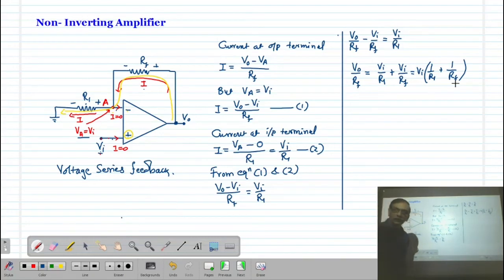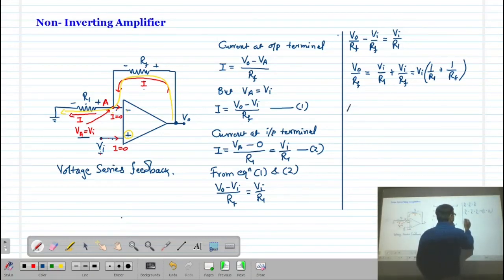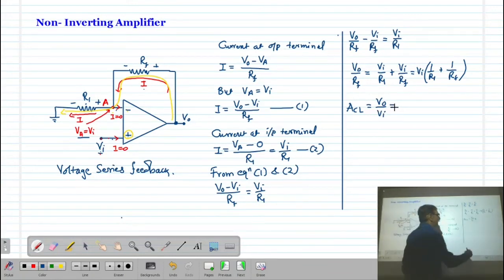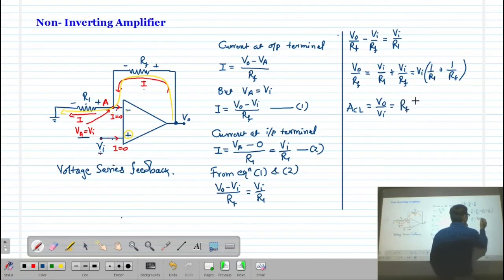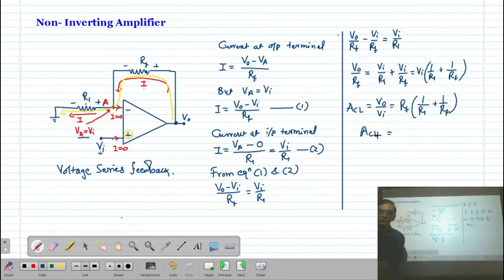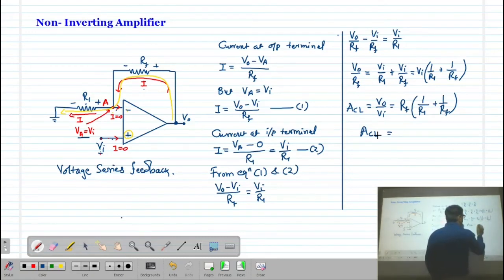So, what is the gain now? Here, the closed loop gain is VO by VI, and that is equal to RF into 1 upon R1 plus 1 upon RF, and therefore we can write that the ACL for the non-inverting amplifier is given as 1 plus RF by R1.